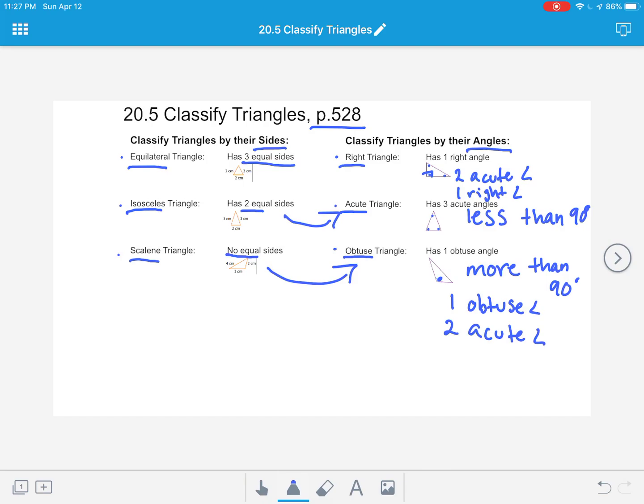Equilateral triangles will not be a right triangle, so those are not commonly found together. But isosceles, most often, those all have acute angles, and scalenes has one obtuse and two acute. So you can come back and write in those little extra notes in that part of your journal if you want that little key reminder.